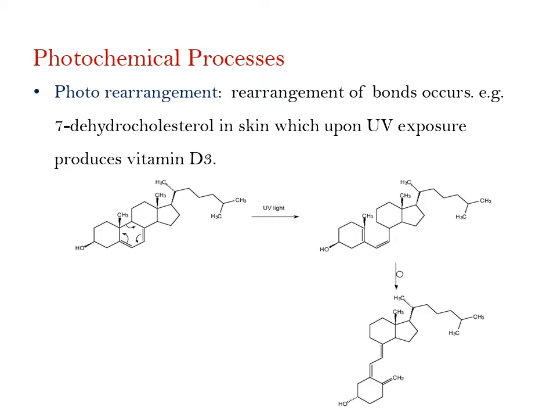So as an example, 7-dihydrocholesterol in skin upon UV exposure will be changed to vitamin D3. This is a very important process that's required in our body. Our skin absorbs ultraviolet light, and it changes this molecule to vitamin D3, which is important for our body.